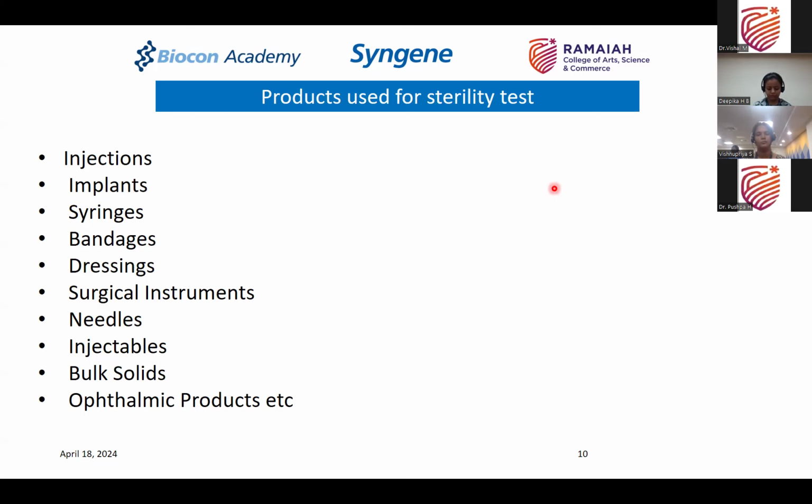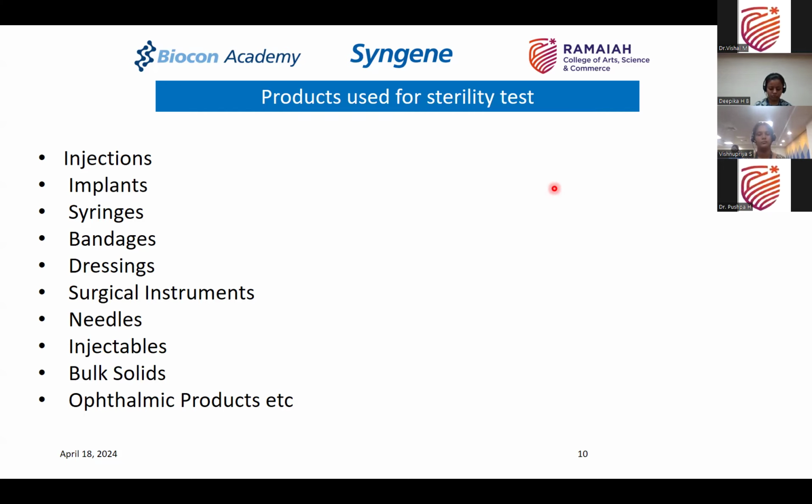As I mentioned in my previous slides also, the pharmaceutical products, many are there, only a few examples I have quoted here. It could be injections, implants, syringes, bandages, dressing materials, surgical equipment, needles, injectables, bulk solids, or ophthalmic products.